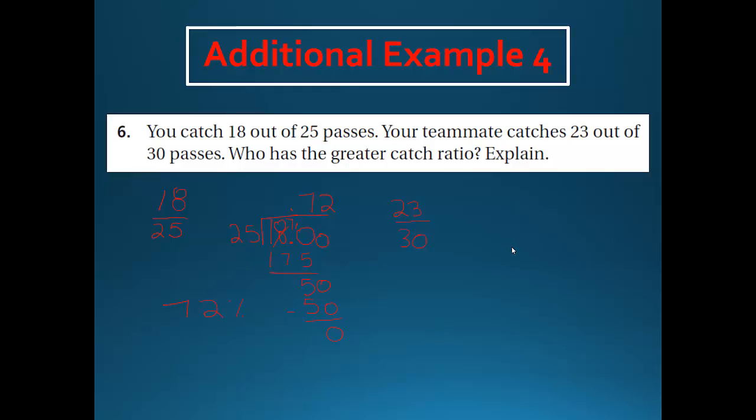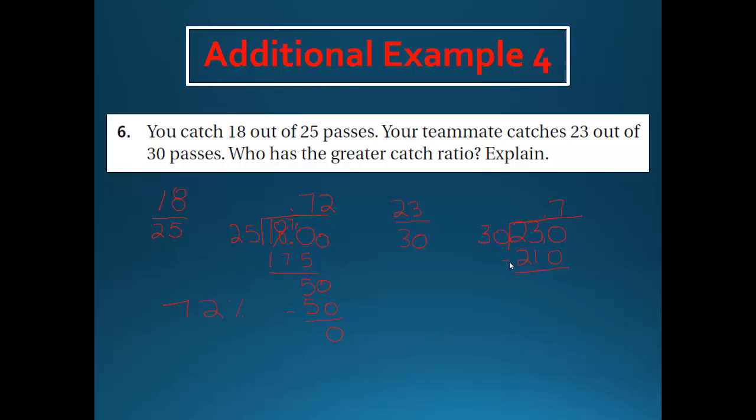For our teammate, who has 23 out of 30 passes, we would then again divide 23 divided by 30. We add our decimal and our 0 because 30 does not go into 23. And now 30 goes into 230 7 times. And 7 times 30 is 210.